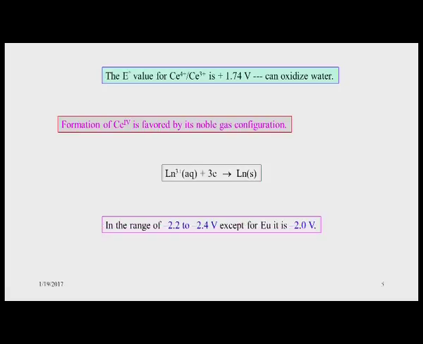Basically this will give you a negative potential in the range of minus 2.2 to 2.4. So all of them have very similar redox activity, unlike your chromium or manganese in the 3D series. Only europium is a little bit different, having a potential of minus 2.0 volt.